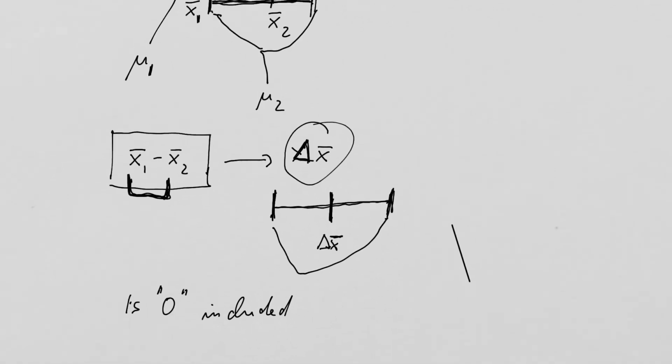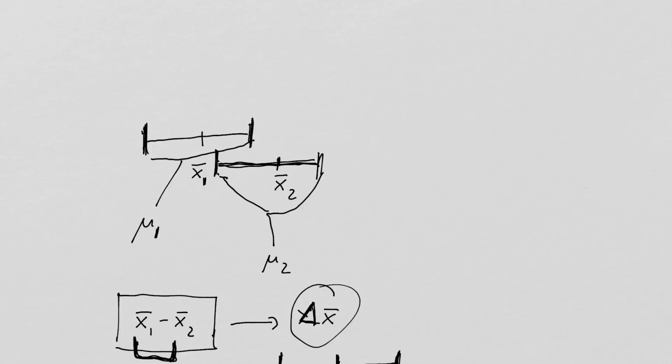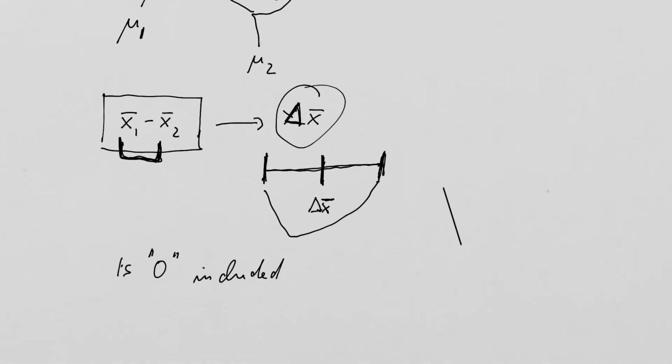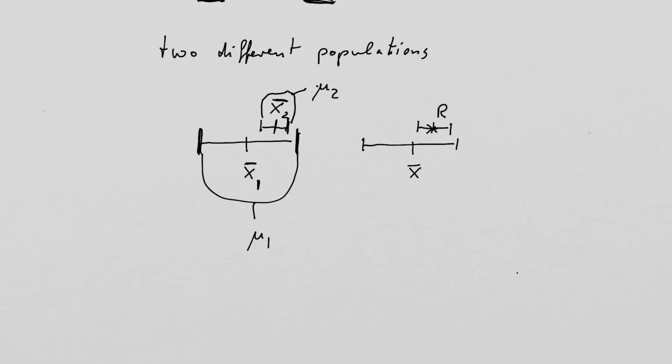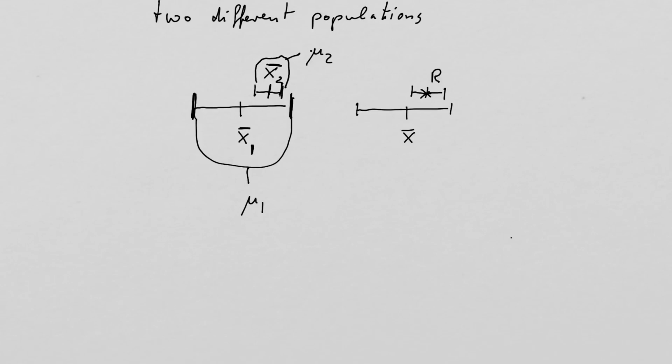So basically, let's recap. If we have overlapping confidence intervals, we need to do some statistical testing in order to find out whether these two samples come from two different populations. If, as I outlined here, the confidence intervals are totally overlapping, then it could very well be that the two samples come from the same population.